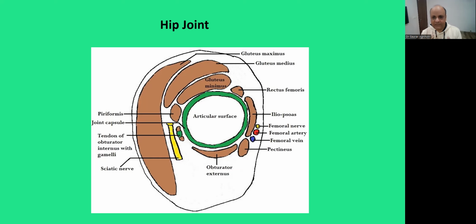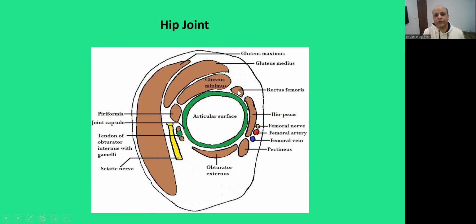Then again, in the anterior relation, we have the femoral nerve, which lies in the groove between the iliacus and psoas, the femoral artery, and the femoral vein. The femoral vein lies on the pectineus muscle, while the femoral artery lies on the tendon of psoas. You have to remember that the iliopsoas muscle forms the anterior relation of the hip joint.